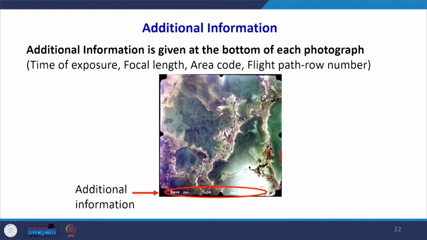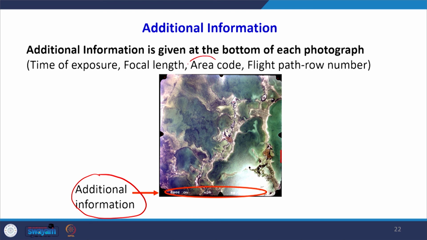There is some additional information which is printed on the photograph by the agency who is capturing those photographs and supplying them to you, and that additional information is very important to us. This gives me the time of exposure, what time the photograph was exposed, what is the focal length, that is also printed, and to which area this photograph belongs. So, there is a certain code for the area.